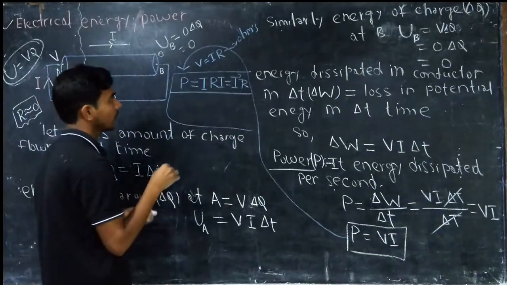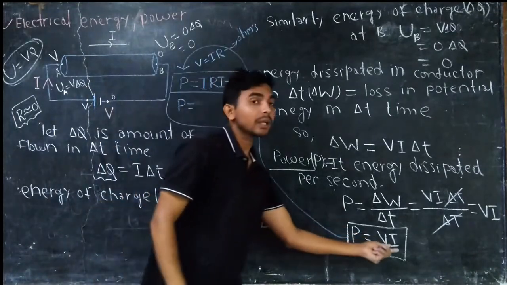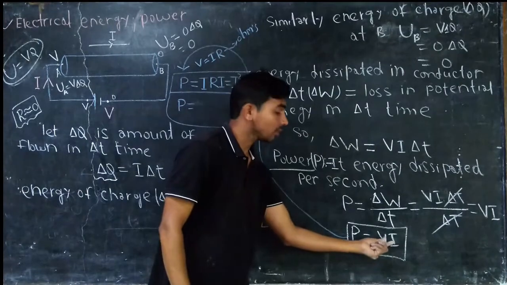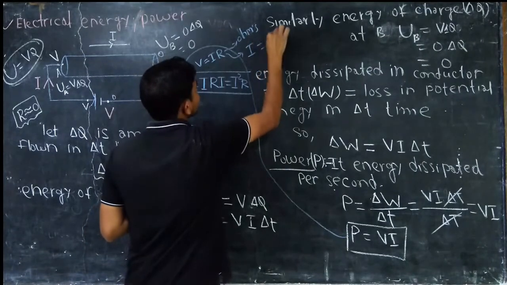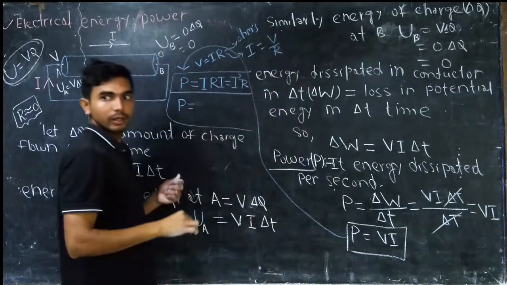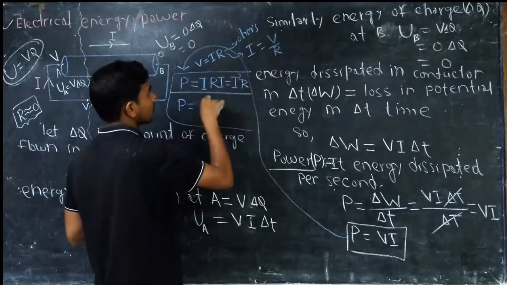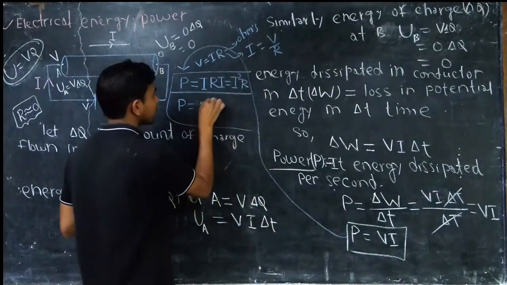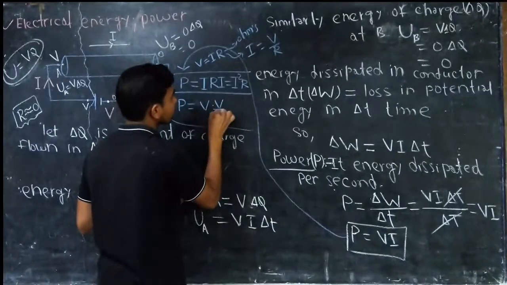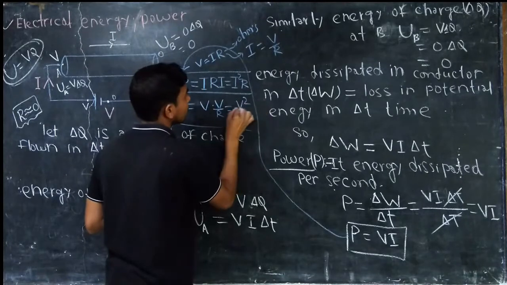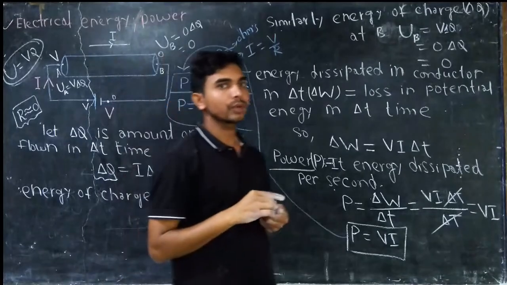Further, we can write it like this also. P is equal to V into I. From Ohm's law we can write I is equal to V by R. So one V is already present, and in place of I we can write V by R. So your formula is V squared by R. These three are the formulas which are useful to calculate power.